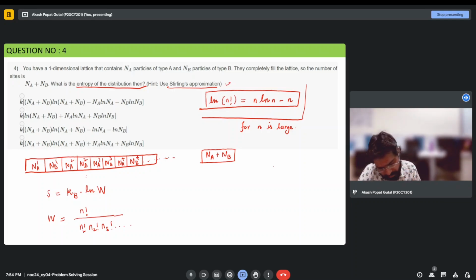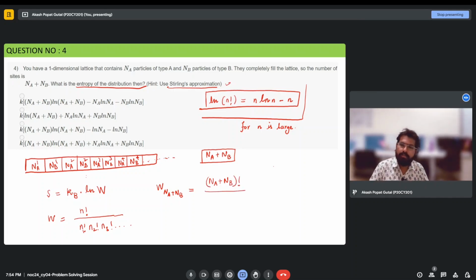In this case, W is Na plus Nb, the total number of particles, factorial, divided by the individual lattice types, type A and type B. That will contribute Na factorial and Nb factorial.